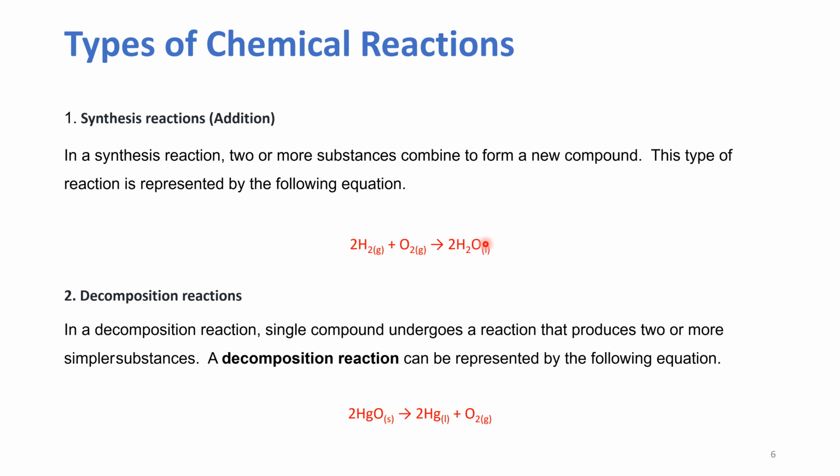Now, the second type of reaction is a decomposition reaction. As the name states, we are cleaving, breaking, damaging a bigger molecule. Here, this is an example. This is mercuric oxide, and when we treat it, that is a solid, we get mercury as a metal, which is at room temperature in a liquid form, and oxygen, which is in a gaseous form.